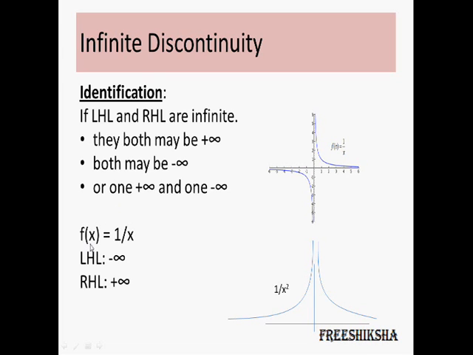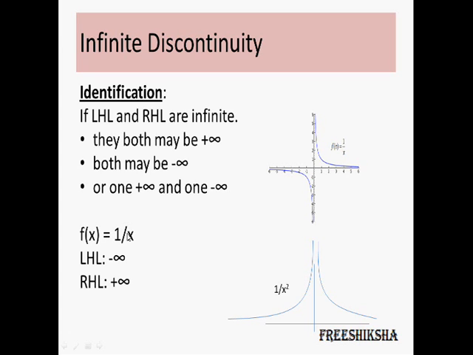If we look at the example f of x equal 1 by x, then for negative values of x this f of x will be negative, and as x reaches 0 from the left hand side, that is from the negative side, the value of f of x will go to a very high value, a very infinite value, but a negative infinite value.